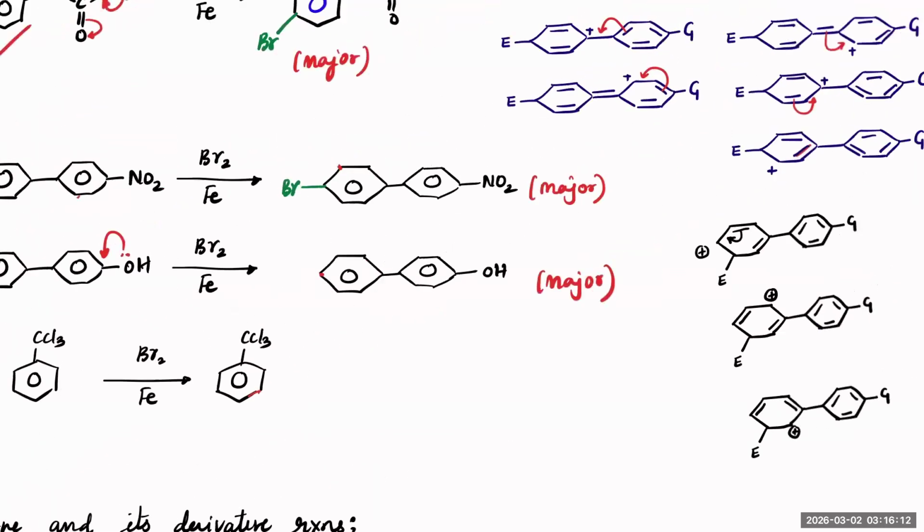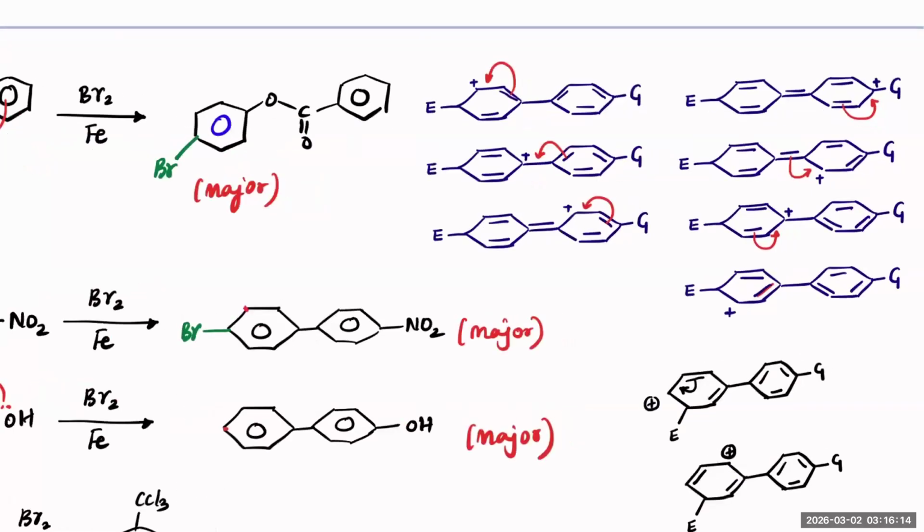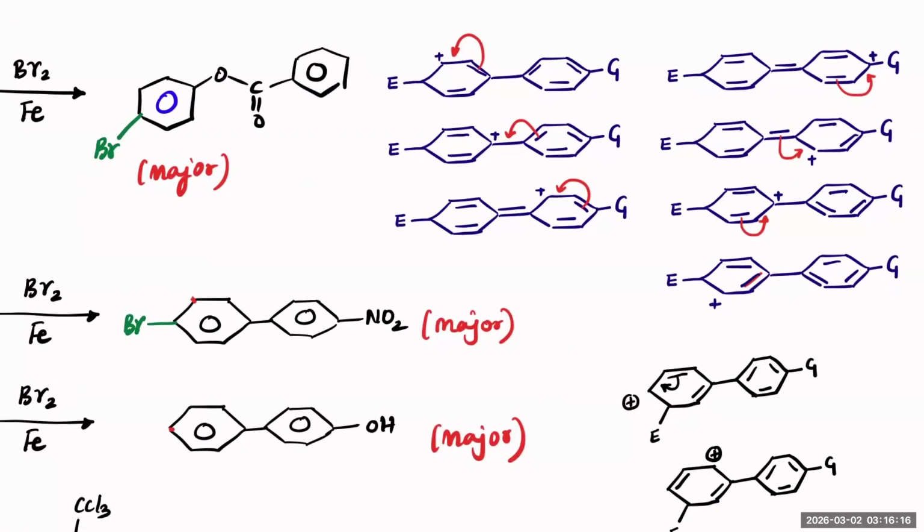Let me explain through these examples. Check it out properly. Suppose there is a group present here, and an electrophile is added at the para position. You would notice that the positive charge will be here, the pi bond will be pushed here, and the positive charge will come here.